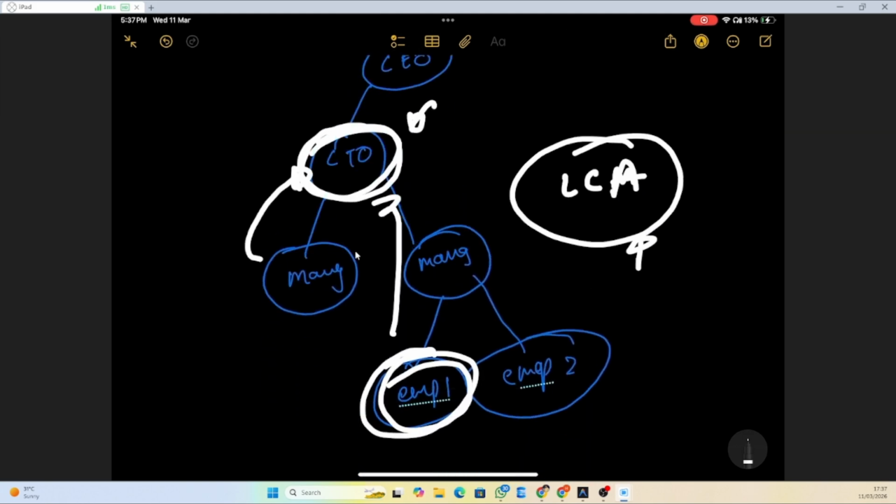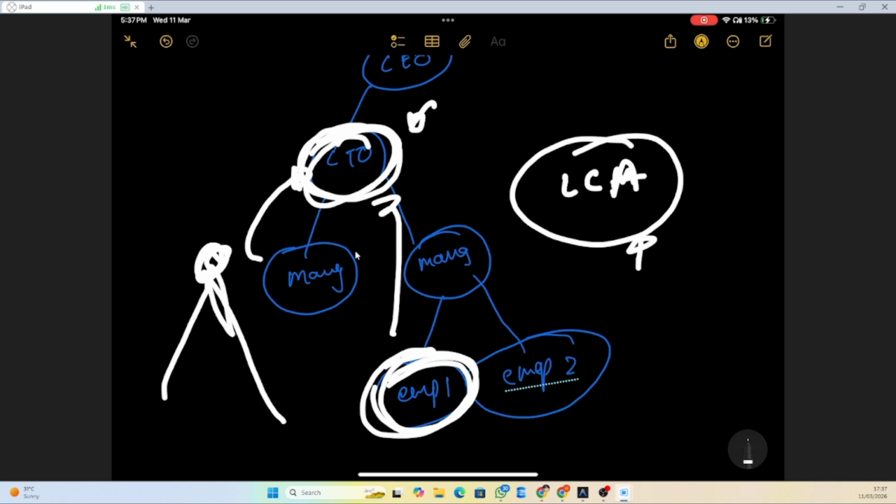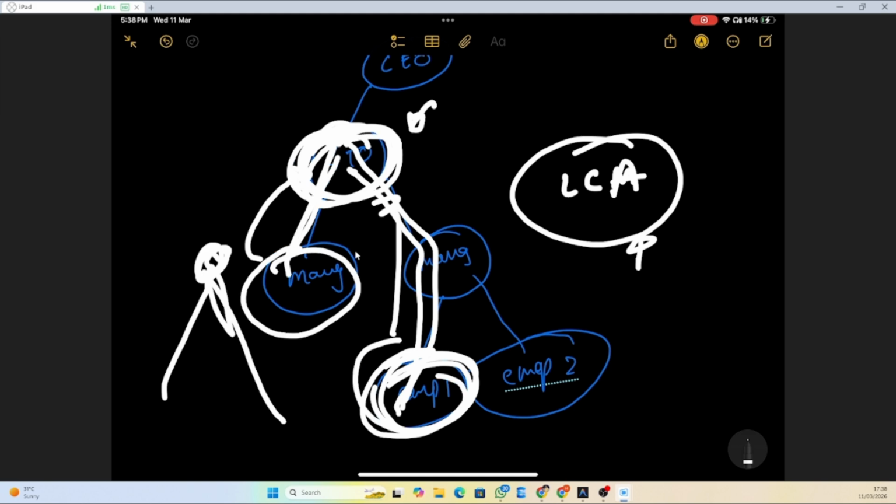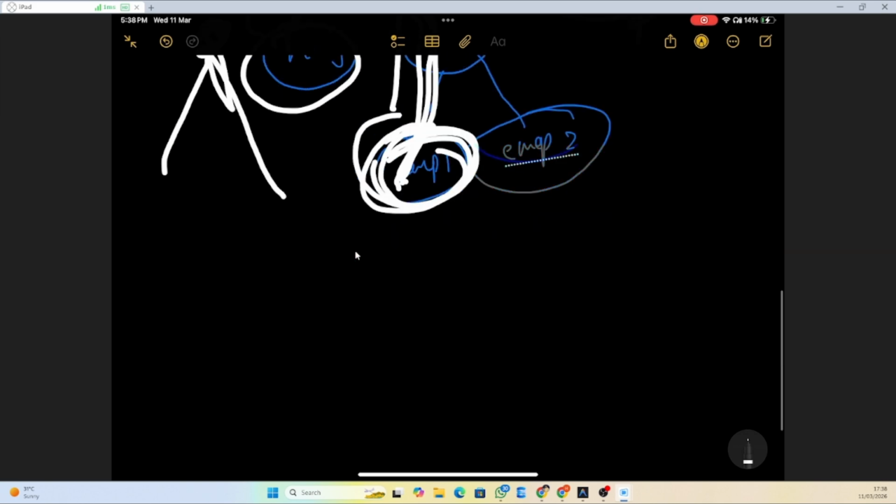In other words, the common path where it meets at the lowest point is also called the lowest common ancestor. For CTO and employee, the CTO himself can be the lowest common ancestor. For manager and employee, the lowest path they meet at is the CTO. Then how can you solve it?